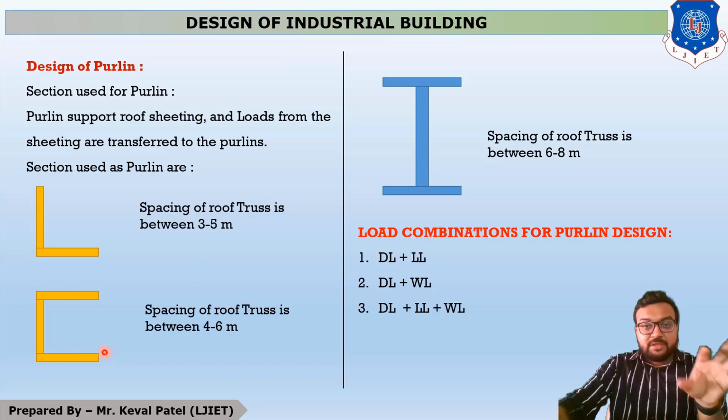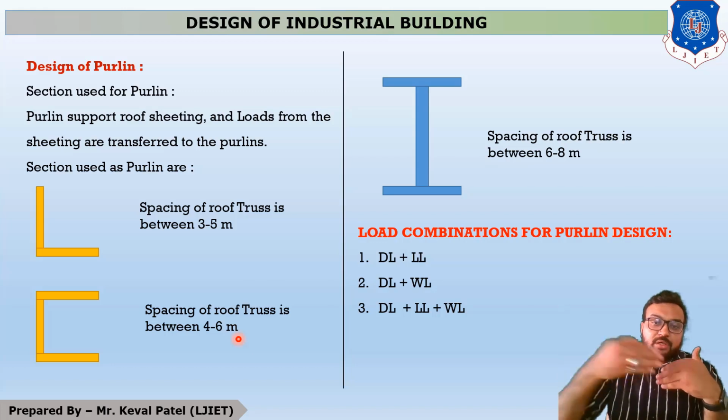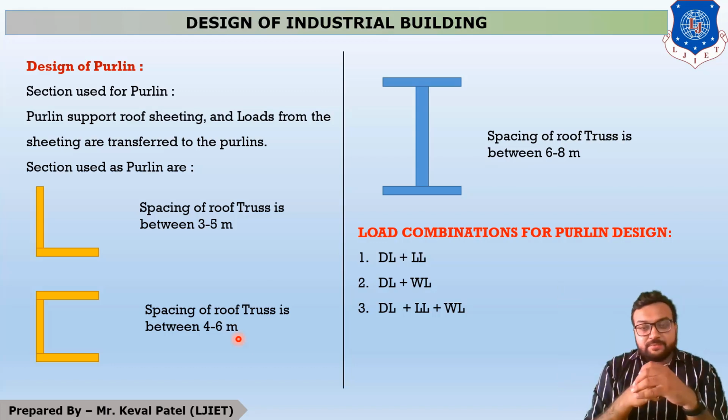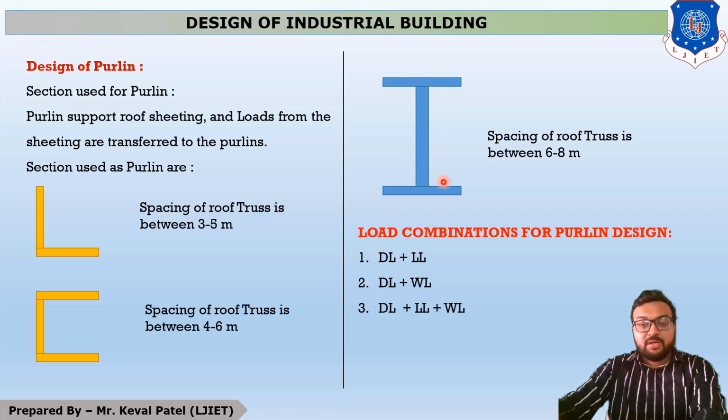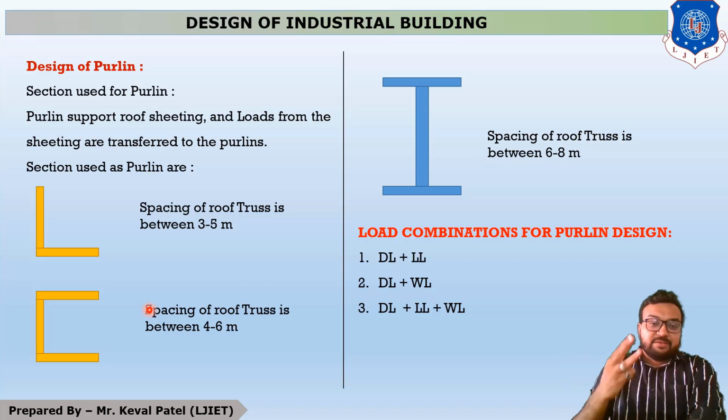This channel section is useful when the spacing of truss is in the range of 4 to 6 meter. When the span of roof truss is very large, then we have to use an I section, it means a girder channel for purlin. Okay, girder purlin. So these are the three sections which we have to use.